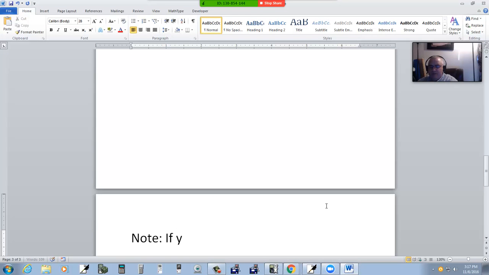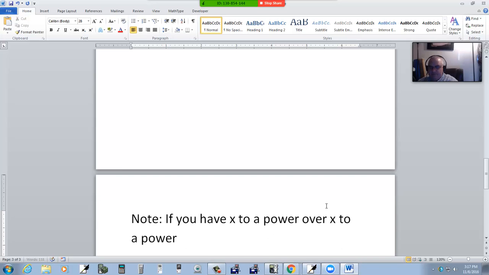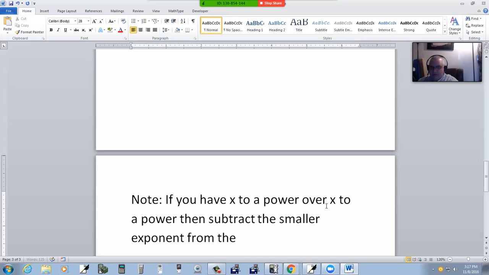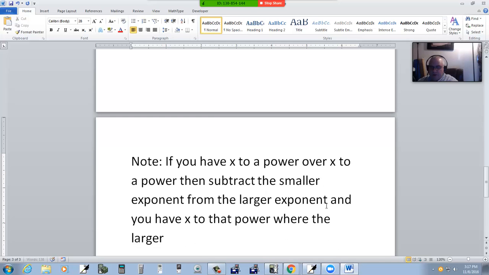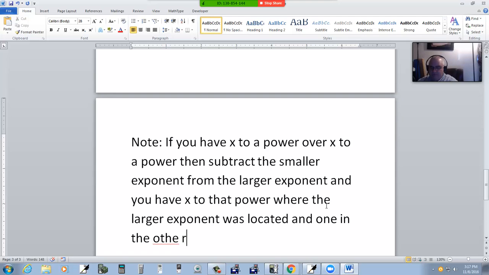Note, if you have x to a power over x to a power, then subtract the smaller exponent from the larger exponent, and you have x to that power where the larger exponent was, and a 1 in the other location.